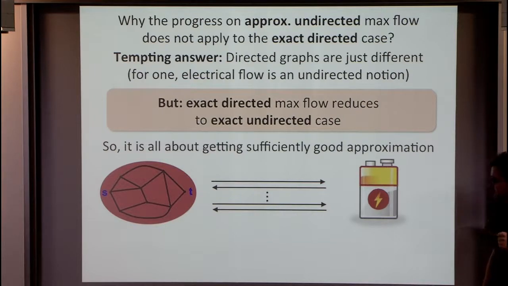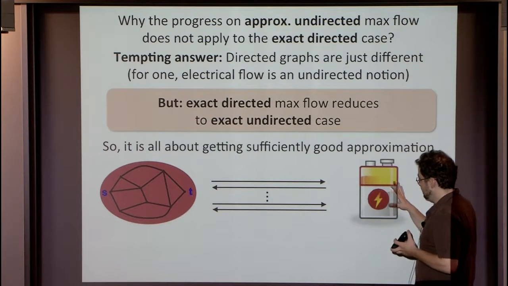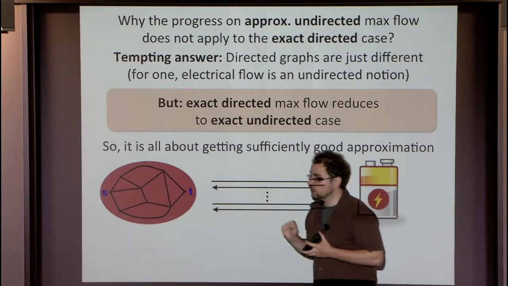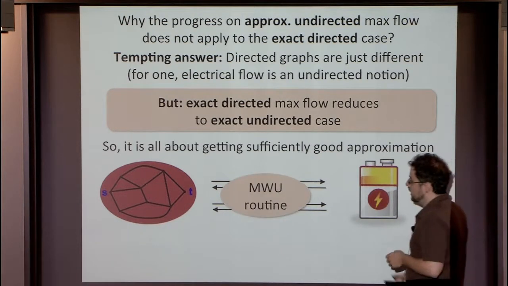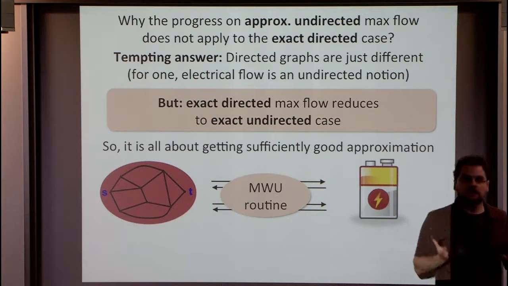And once you realize that, you look back at what we have done for undirected max flow. At a very high level, we had this electrical flow oracle, and we used it to interact with our graph, to probe its structure by computing electrical flows. Then we used this multiplicative updates routine to put it all together and get an approximate solution.